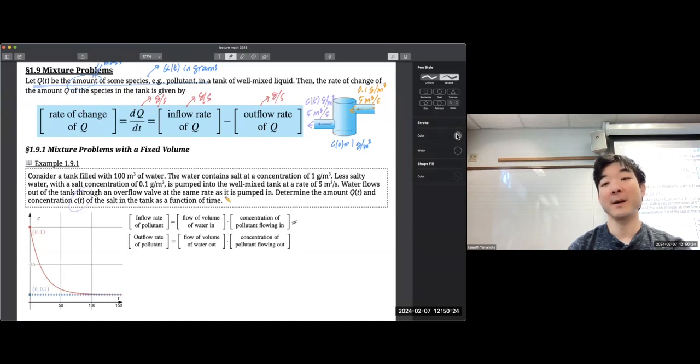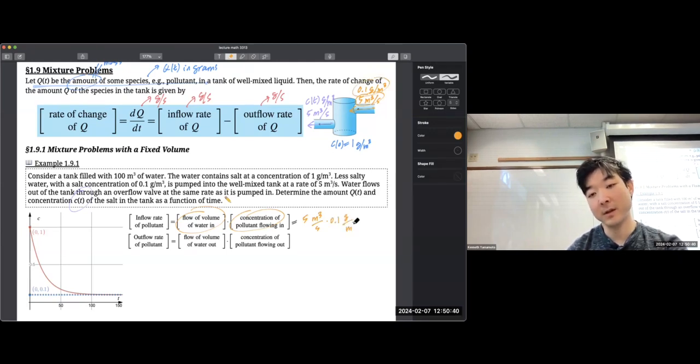You just multiply them. So the flow of volume of water coming in is 5 cubic meters per second, multiplied by the concentration of pollutant flowing in, 0.1 grams per meter cubed. If you do that, the units will cancel and you end up with pumping in salt at a rate of 0.5 grams per second.